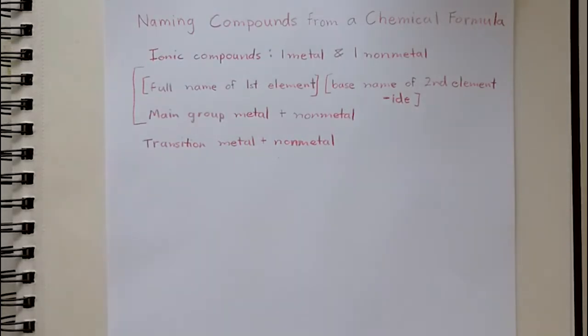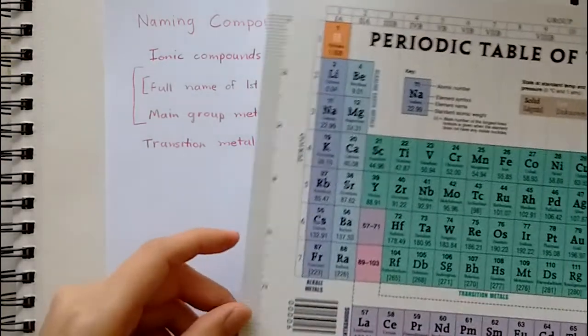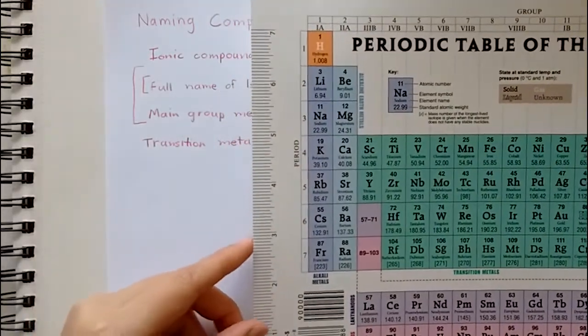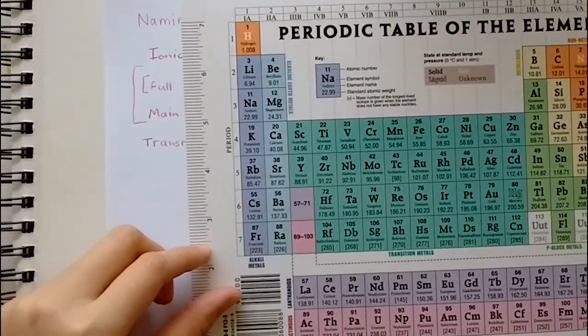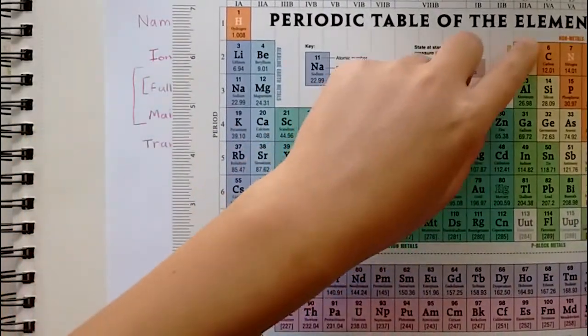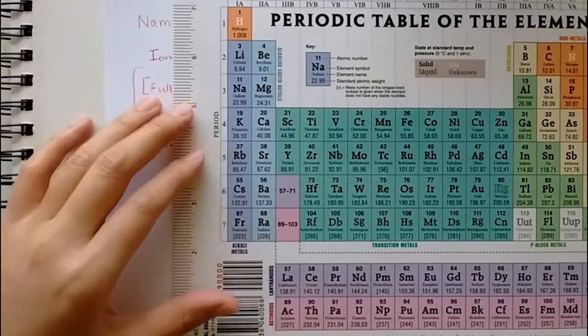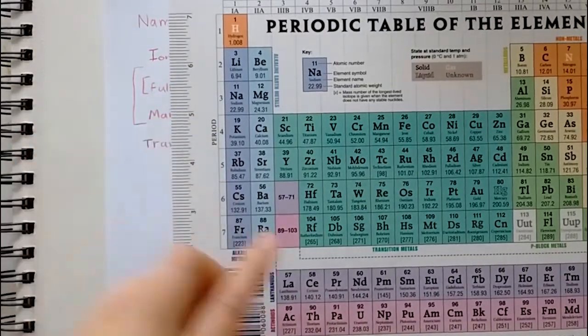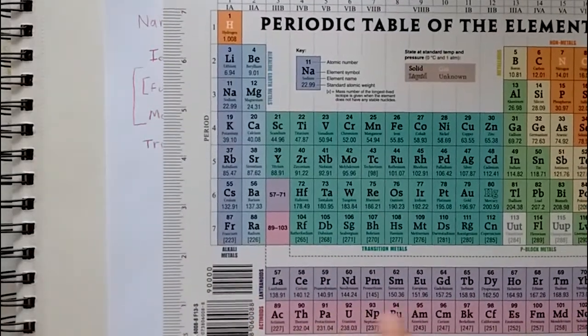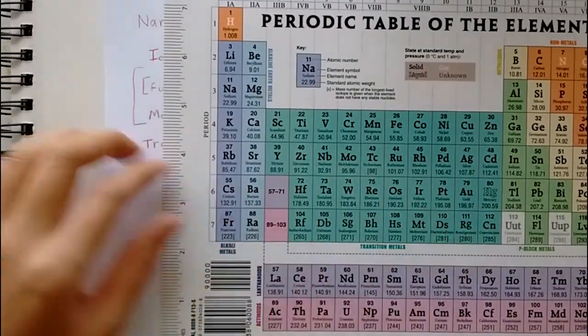So, like earlier, you're going to see if a metal is a transition metal or a main group metal by looking at the periodic table. So the metals here, right, and here, those will be main group metals. The metals in the center, right, transition metals, will be all these here.